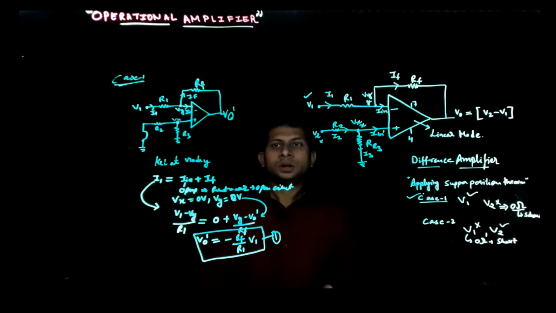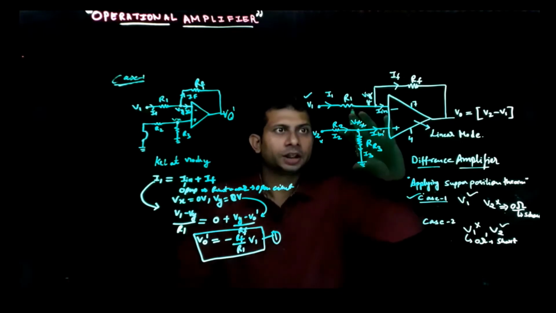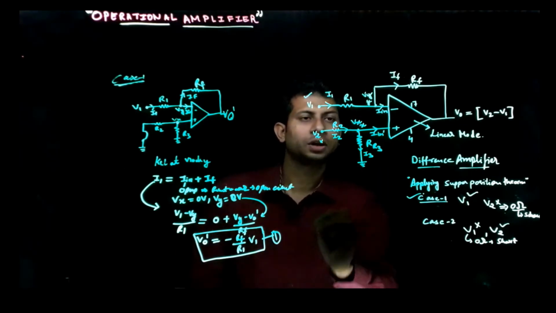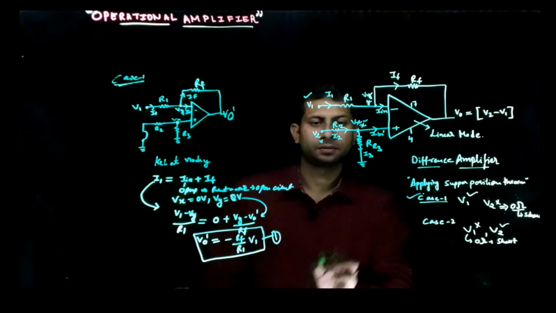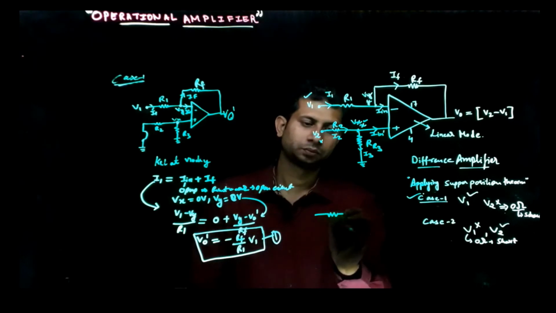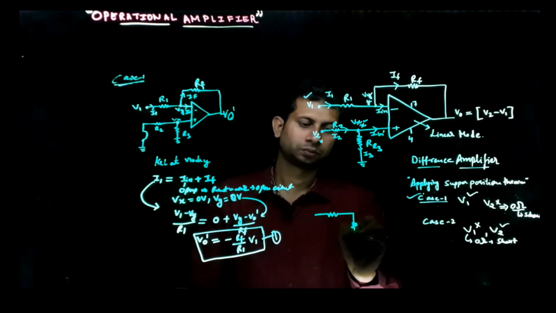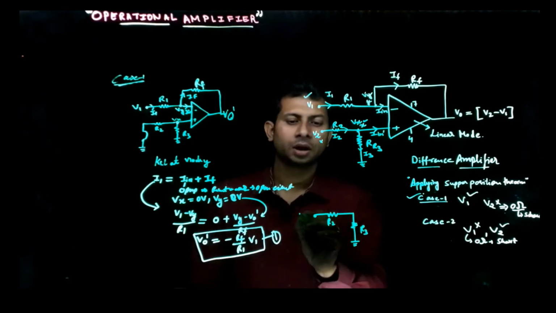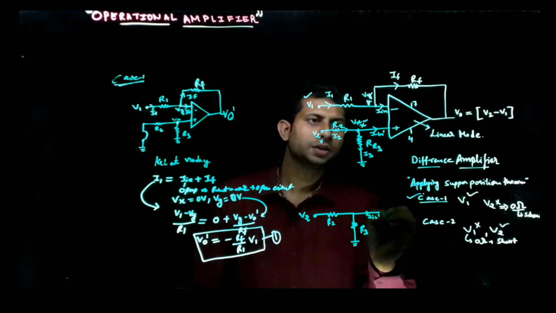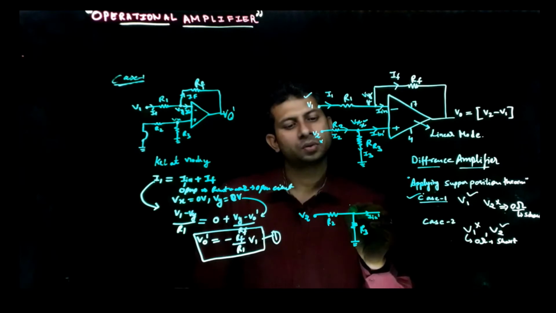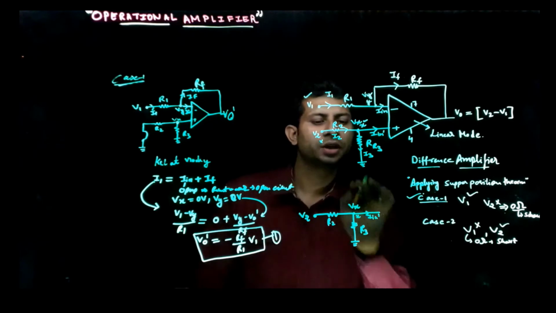Now for case 2, we take this part first of all and try to find out the node voltage at node X. This is R3, this is R2, and here we have V2, and here we have In dash, and this is node X, and the voltage will be Vx, and we have to find Vx.